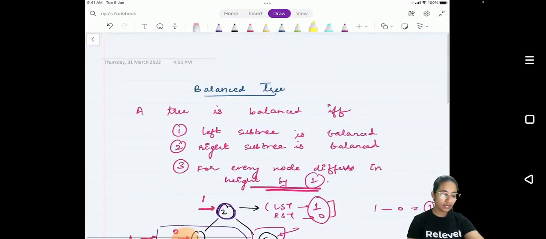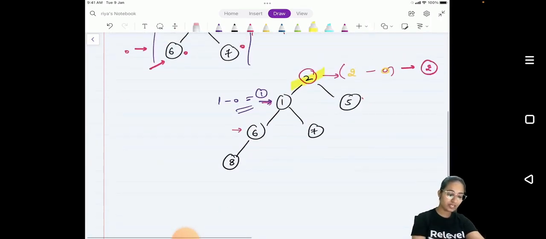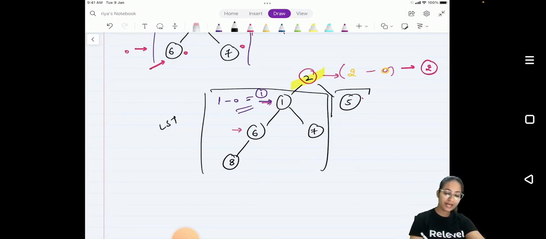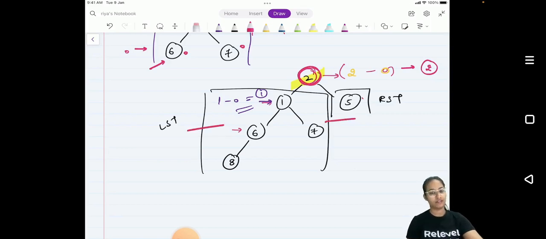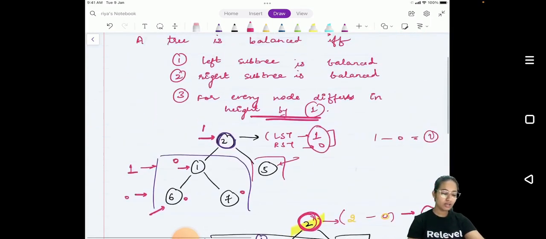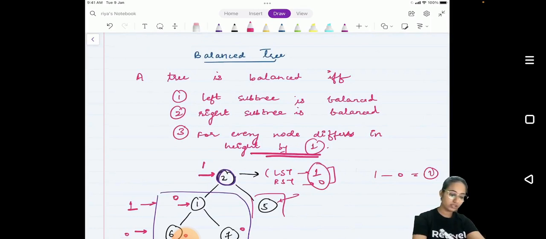So all these three conditions should hold. Here the left subtree was balanced and the right subtree was also balanced, but for the root node there was a node for which this rule did not hold true. So this is how we do this.